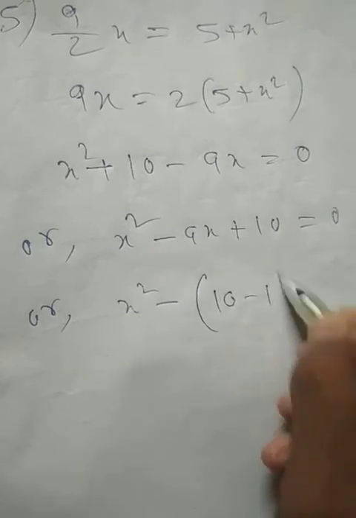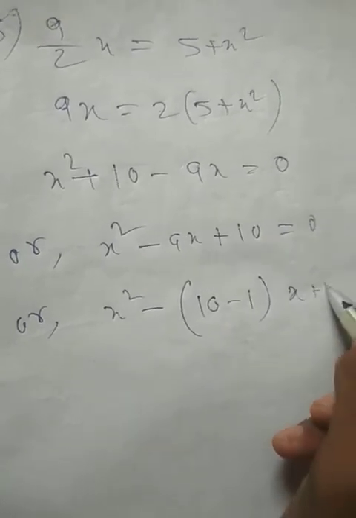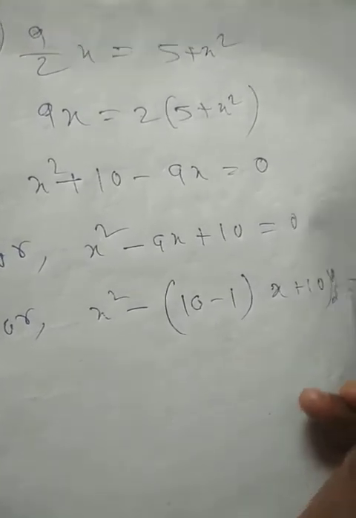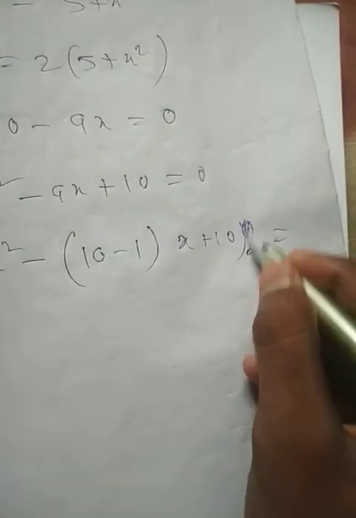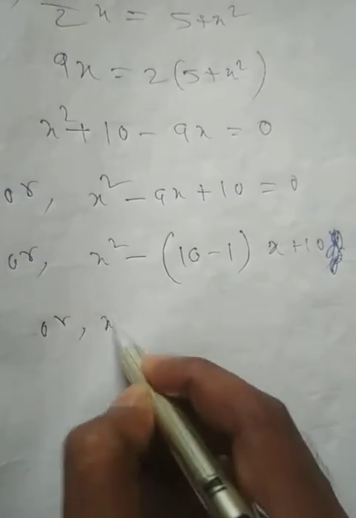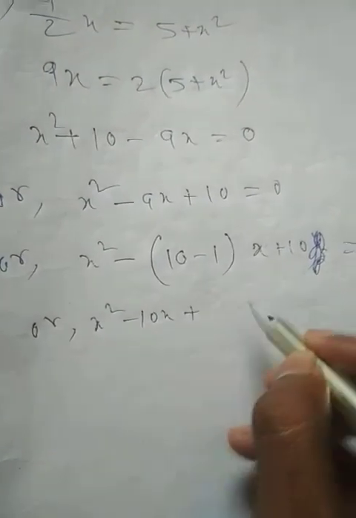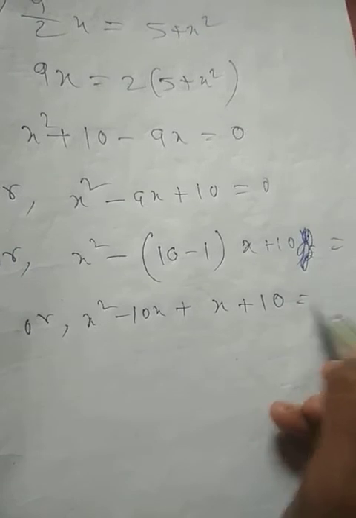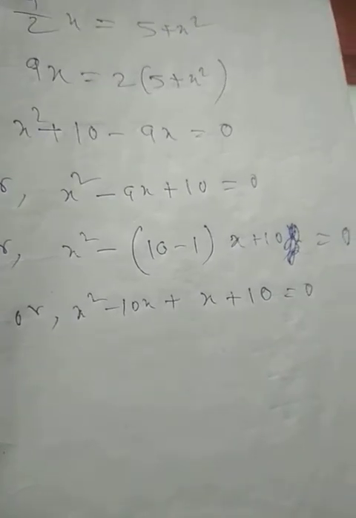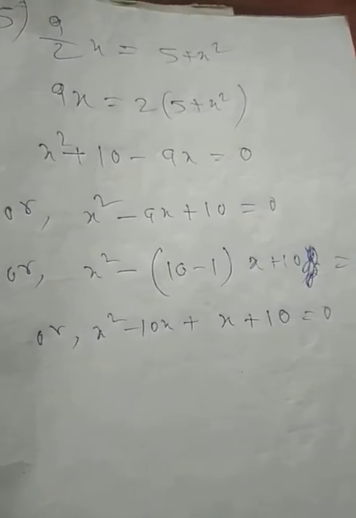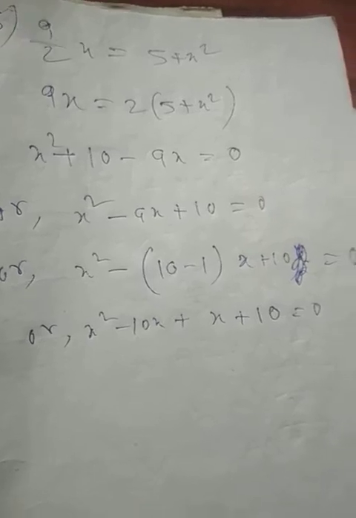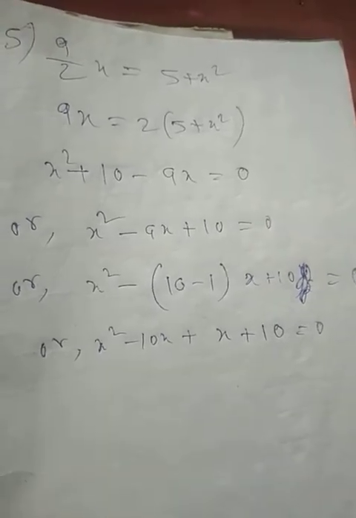Factorize 10 minus 1. So I got x square minus 10x plus x plus 10 equal to 0. Sorry, there is a mistake.